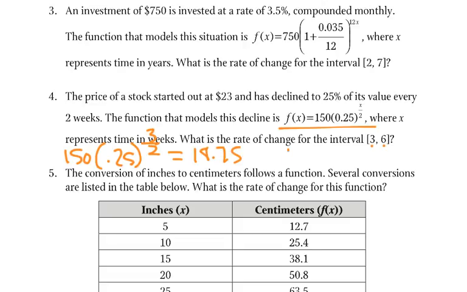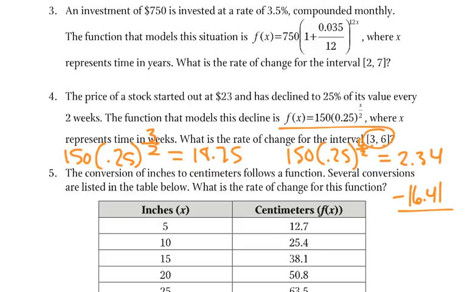Then we do it for the 6, and we get that answer, which is 2.34. So this is going down, right? So I go 2.34 minus 18.75. That gives me negative 16.41, which is my top, because that's a vertical. And then 3 to 6 is 3, so I divide it by 3, and it gives us our rate of change of negative $5.47.